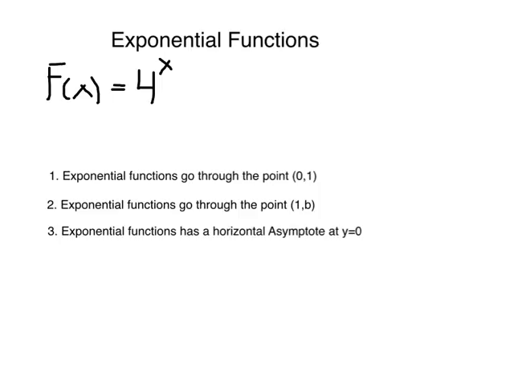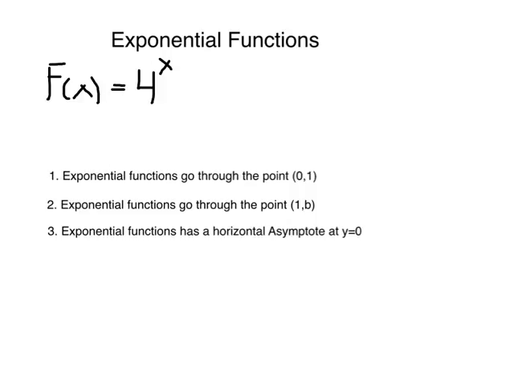The third property of an exponential function is that it has a horizontal asymptote at y equals 0. So let's consider why that is true. If I take my base and take it to any power, like 4 to the 10th, that would be a very big positive number. But what if I plug in a negative number, 4 to the negative 2nd?